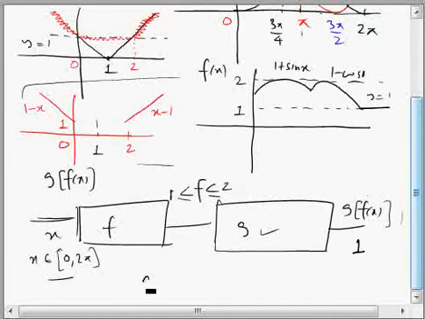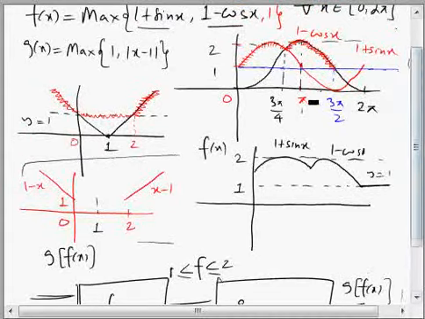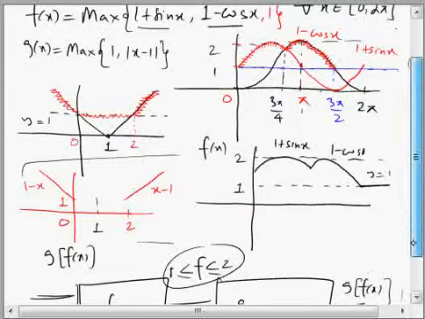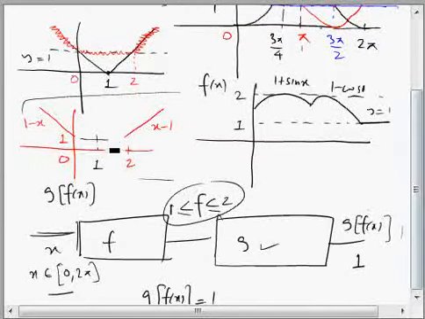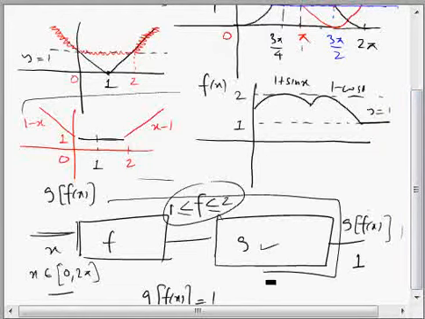So g of fx will always be 1 irrespective of the input we give. We can check it once again. Input you give to f, between 0 and 2 pi, the output will be any value between 1 and 2, and when you give a value between 1 and 2 to this, it will throw output 1. So that's why for all x between 0 and 2 pi, the output of this composite function is 1.